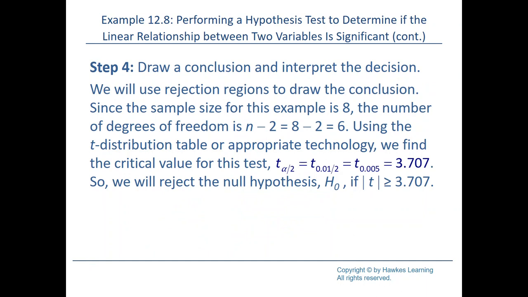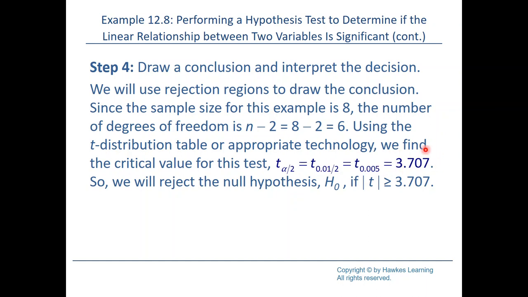For the critical value, you're either going to use your t-distribution table with your degrees of freedom being 6, or you're going to use the calculator to get that critical value, which will be 1 minus alpha over 2 in the inverse t option with your degrees of freedom. We need to know this item because of t alpha over 2, and it's divided by 2 because it's a two-tailed test here.